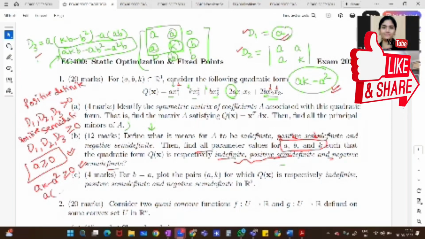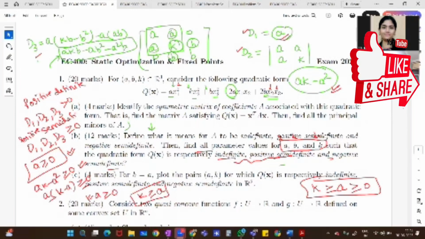If I take A common, it will be A times K minus A, greater than or equal to 0. A is greater than or equal to 0 and K minus A is greater than or equal to 0. That means K is greater than or equal to A, and A is greater than or equal to 0. This is one relation which we can find out, right?